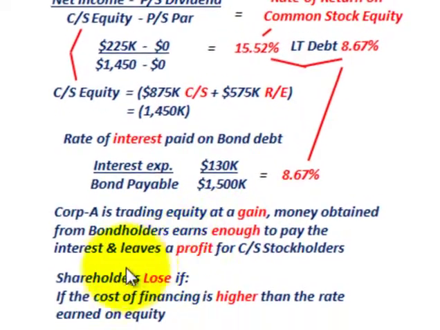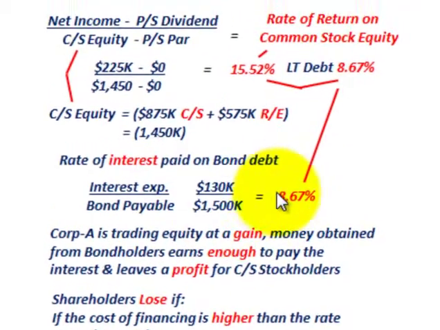Now, the other case would be if the shareholders lose, if the cost of financing is higher than the rate of return on equity. So let's go to our example. Say our rate of return on equity was only, say, 10%, or let's say 8%, and our debt financing, our long-term debt for our bonds, was 15%.